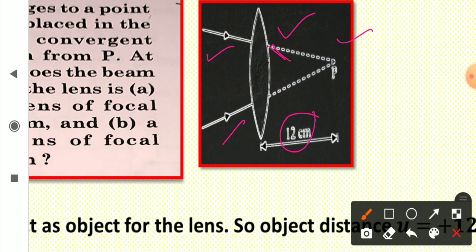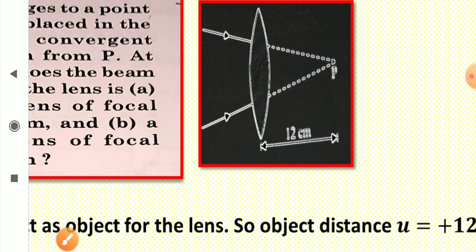So, the rays will meet closer to the lens, converging lens. So, we expect the image to be formed somewhere nearer the lens. And since the direction of incident ray is this one, and the object distance is also along the same direction, so this object distance is positive.